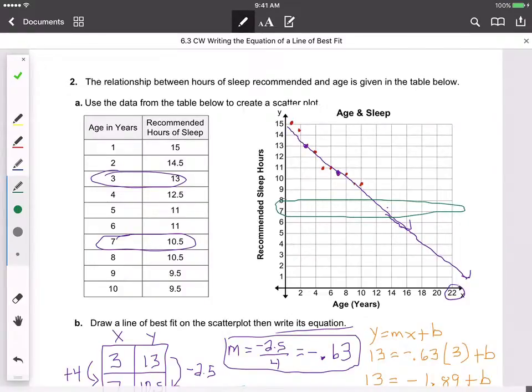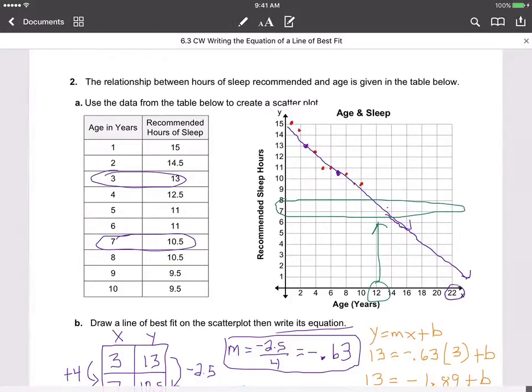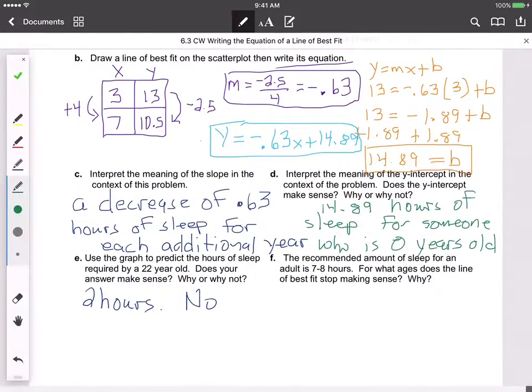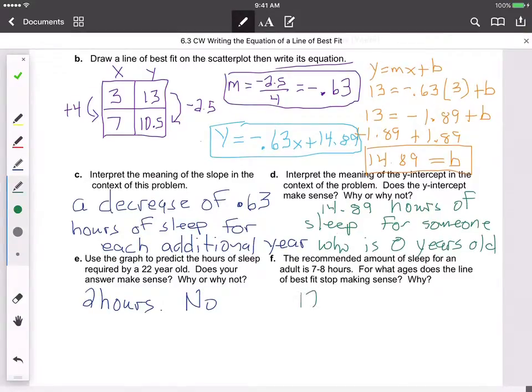And if we look, it's going to be right around 12 or 13 years old is right when this graph is going to stop making sense, because it doesn't make sense for us to get 5 hours of sleep or 4 hours of sleep or 3, and so on. So 12 to 13 years old.